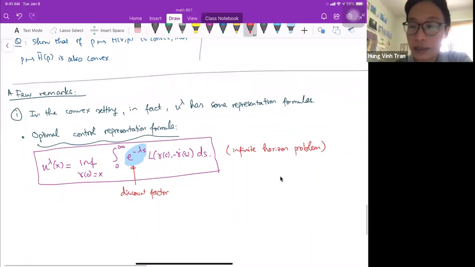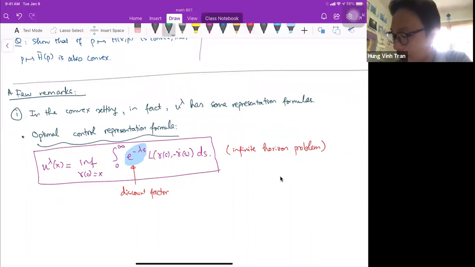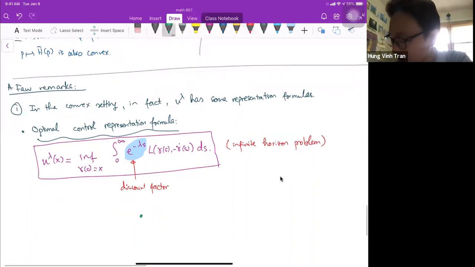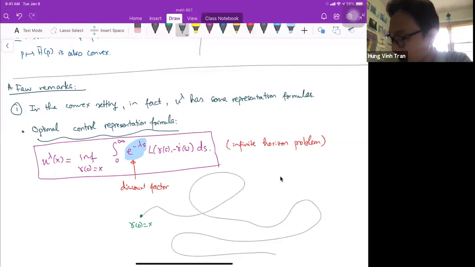It is infinite horizon because you start from a point x. This is a point of interest, right? And then you would explore the domain forever. Okay. So you would go about and explore the domain forever, and this part is going to infinity, right?